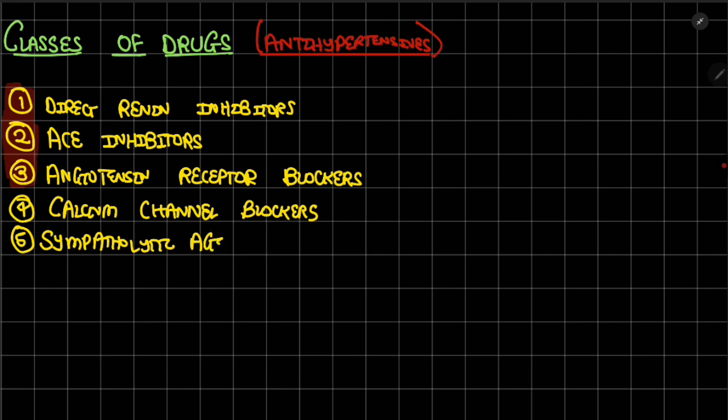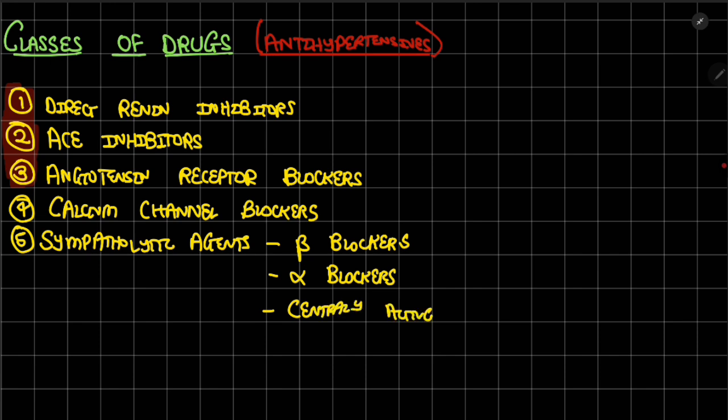In sympatholytic agents we have the beta blockers. Then we have alpha blockers. And also we have centrally acting sympatholytics.